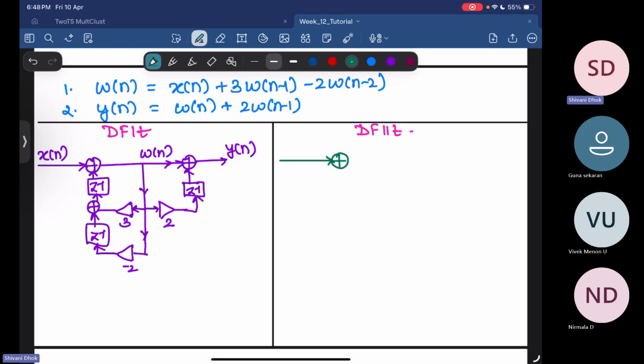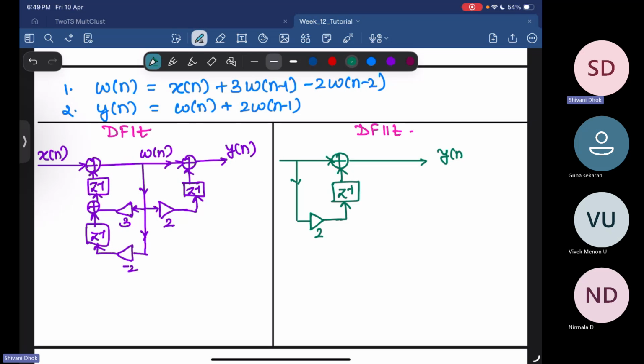So you have an adder block, gain of 2, z inverse, like this. Okay, and then you have an output here like this.